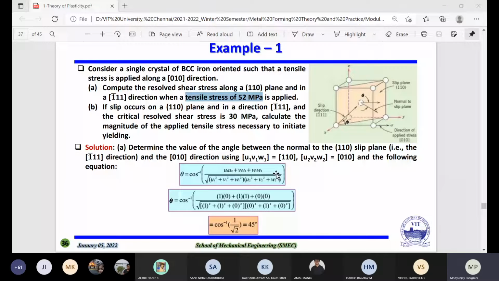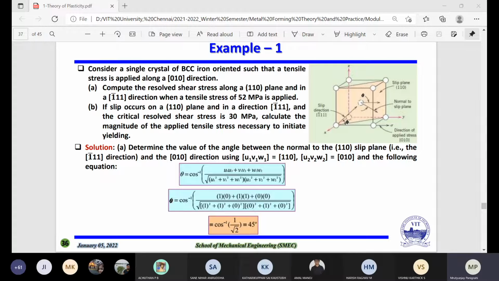So cos theta, cos phi. Sir, somewhere around 22 MPa is coming. Yeah, 22. Is it correct, sir? Yeah.